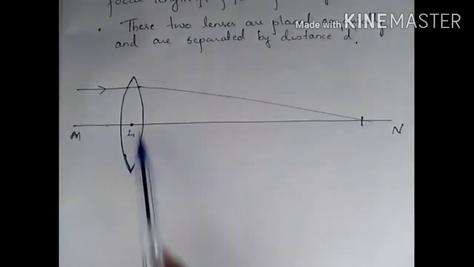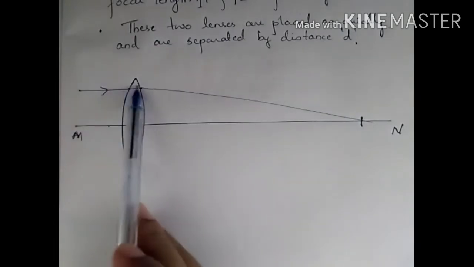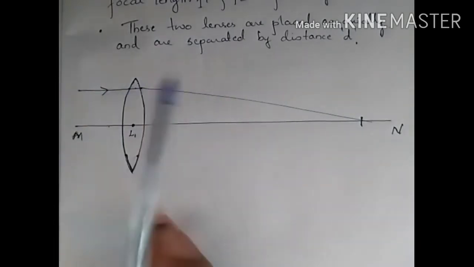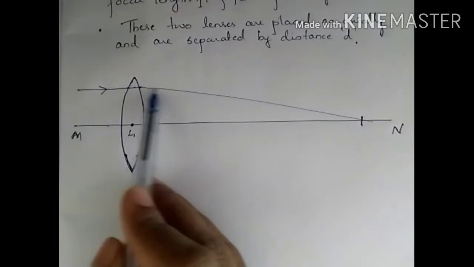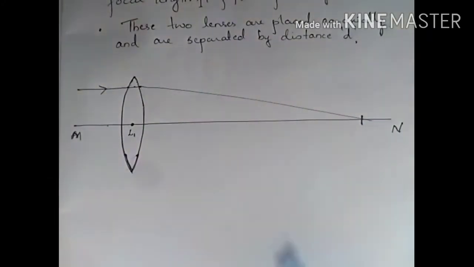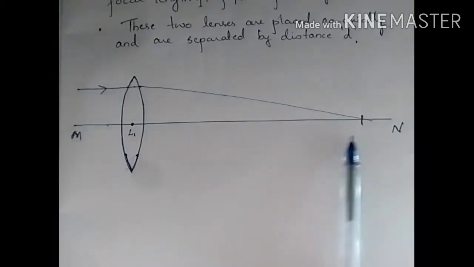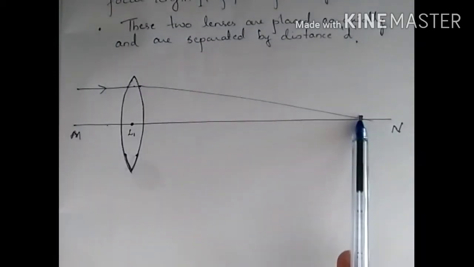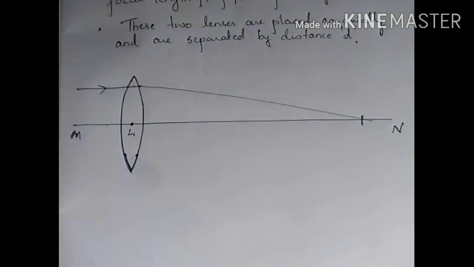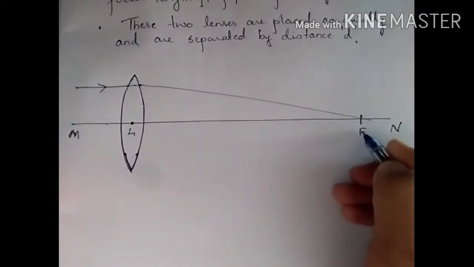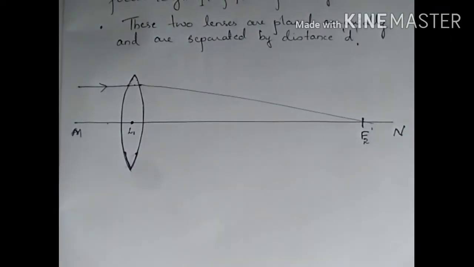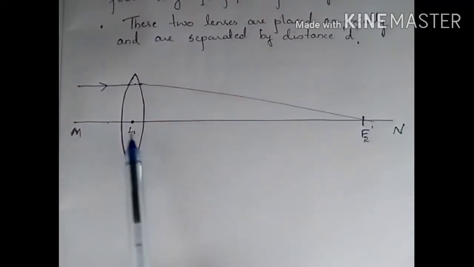This is a convergent lens, so whatever rays fall on this lens will get converged to one single point. Since this is parallel to the principal axis, these rays will get converged at the focal point. Let this be F2 prime. This is just a naming. This point is the focal point for lens 1.